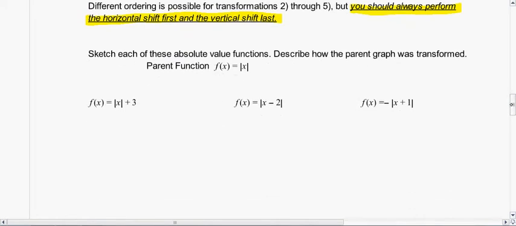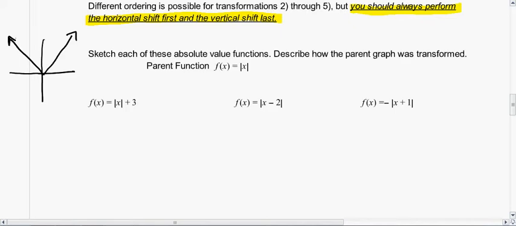So instructions say sketch each of these absolute value functions, describe how the parent graph was transformed, and we're going to start off with the parent function f of x equals the absolute value of x. So for all of these, we're starting off with our parent function, our famous V, centered at the origin and opening up.